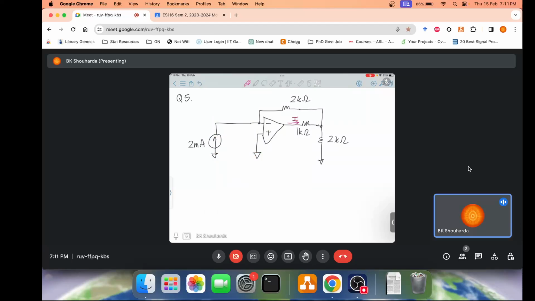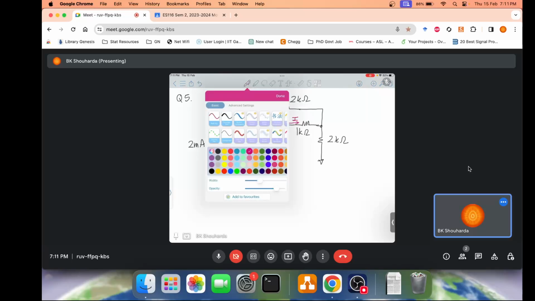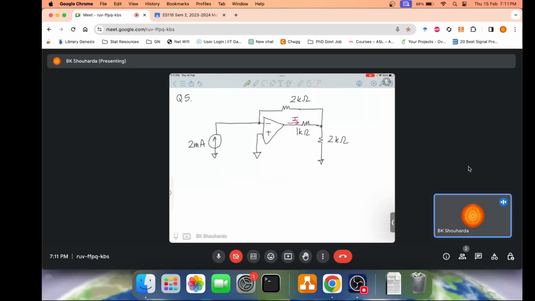So how do we solve this? What is the current through the 1 kilo ohm resistor? So we once again apply the golden principles. What's that? Since we have a negative feedback, and why do we have a negative feedback? The negative terminal of the input of the op amp is connected to the output via an element. So there's the feedback coming into the picture.